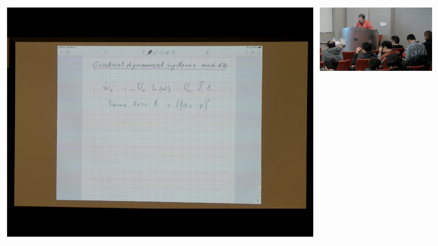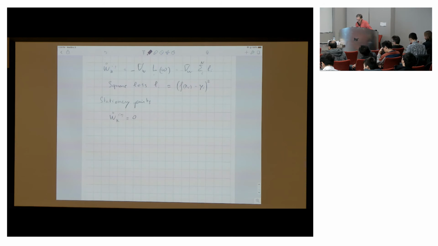we're really interested in characterizing the stationary point or equilibrium point. This is when gradient descent stops. In other words, when the time derivative of w is equal to 0. Okay.